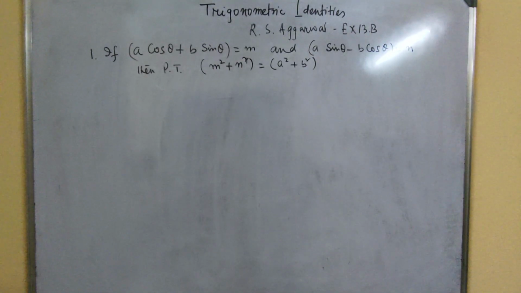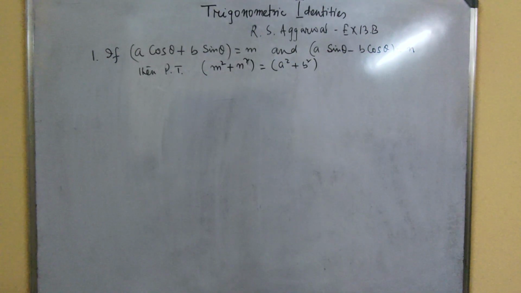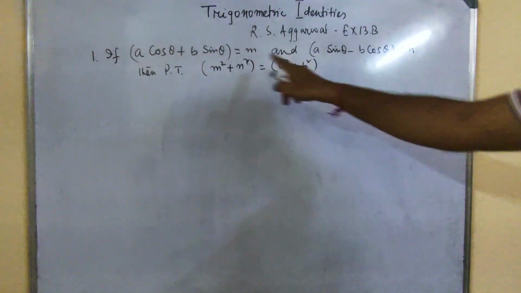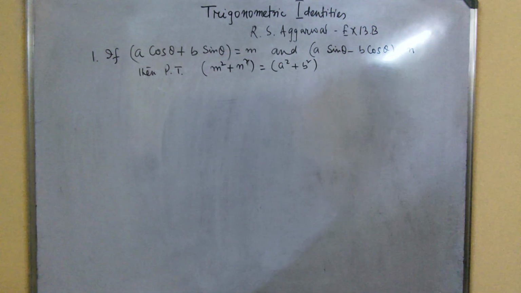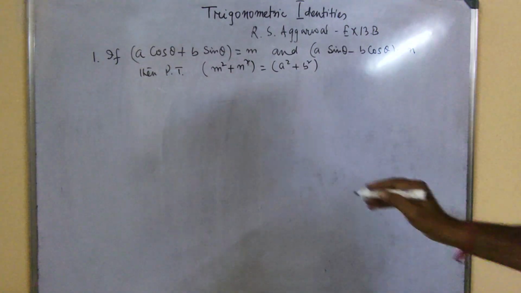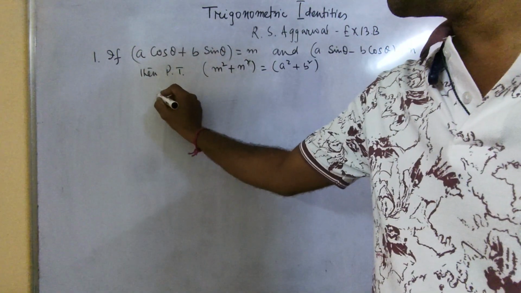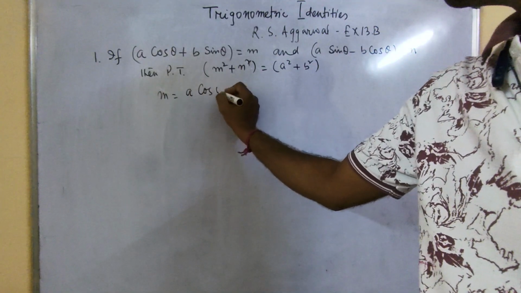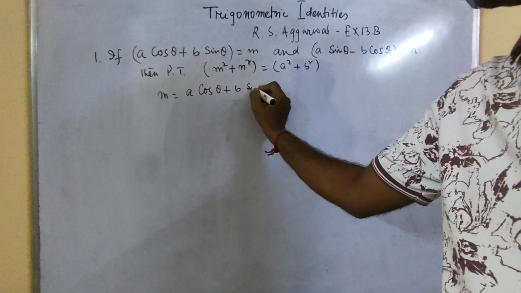First problem. If a cos theta plus b sin theta is equal to m and a sin theta minus b cos theta is equal to n, then prove that m square plus n square is equal to a square plus b square. So first, m is equal to a cos theta plus b sin theta.